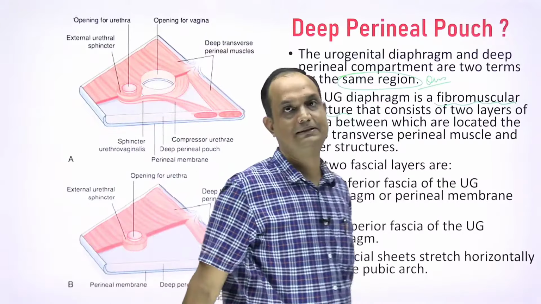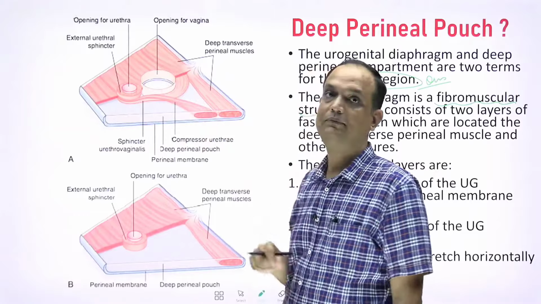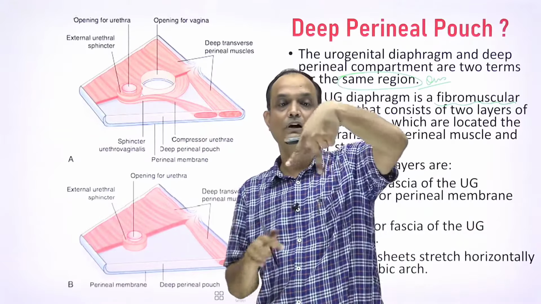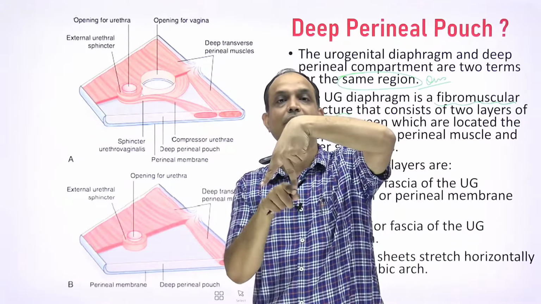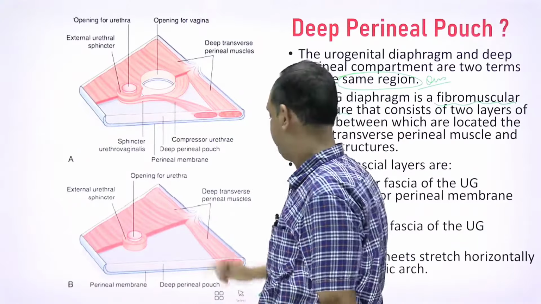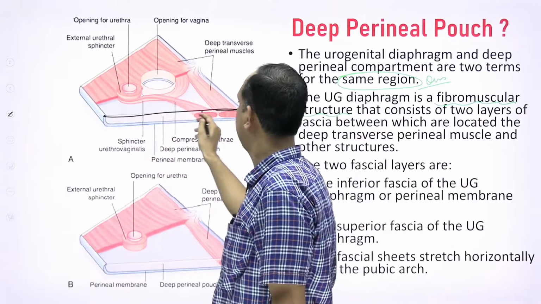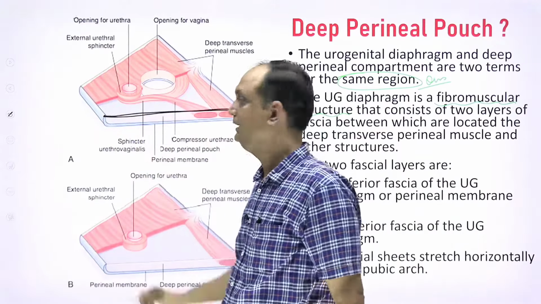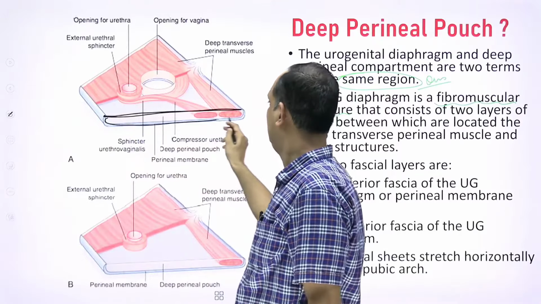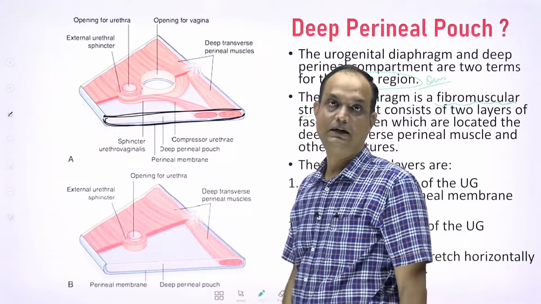In this image you can see this is a triangular diaphragm. Why triangular? Because it occupies the space between the two ischiopubic rami. In this diagram, you can see that this is the upper fascia, or upper layer, of the urogenital diaphragm, and this is the lower fascia of the urogenital diaphragm.